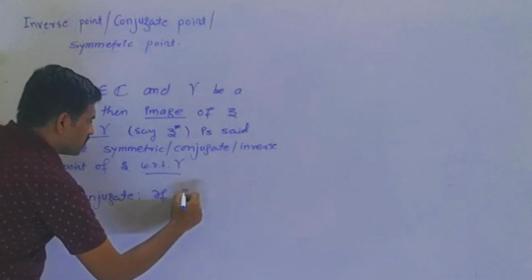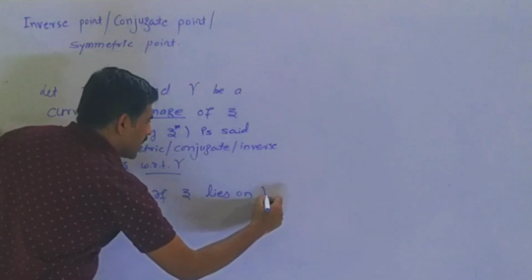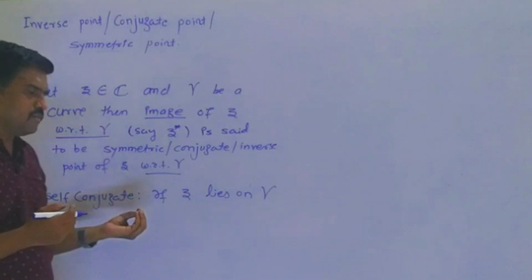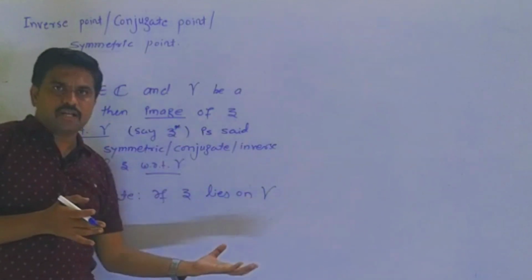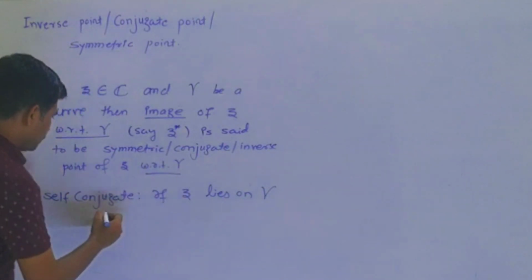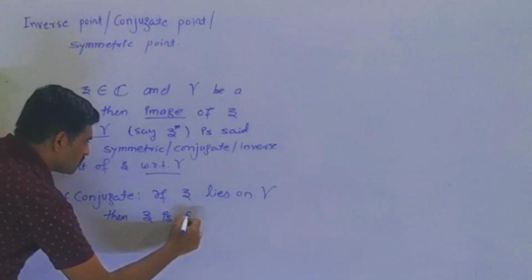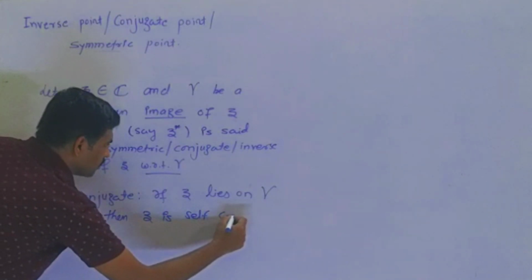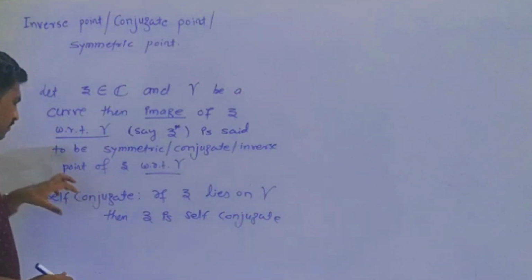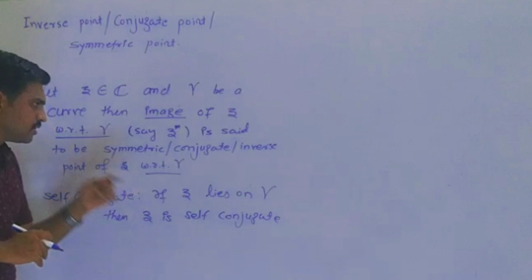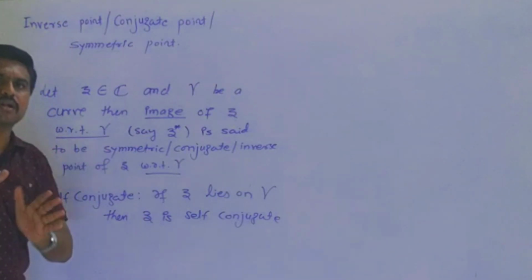If z lies on gamma, that means any complex number which lies on the curve gamma itself, then z is self conjugate or self inverse. I will show you the use of this term on the basis of your knowledge.